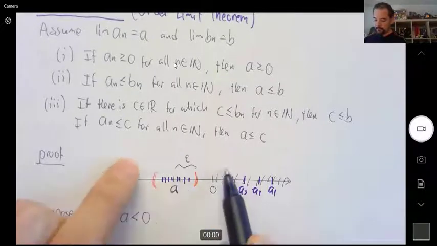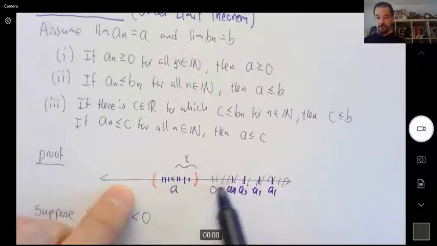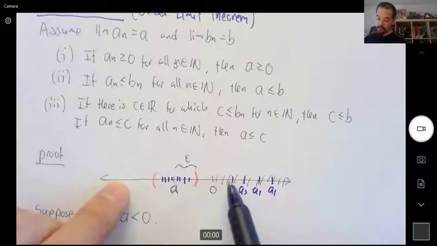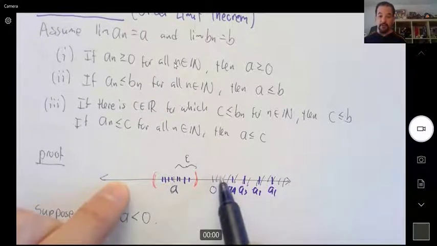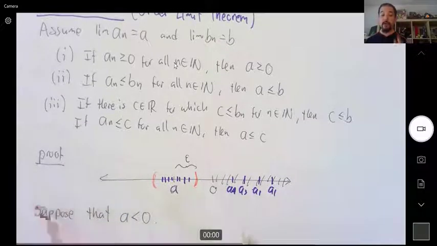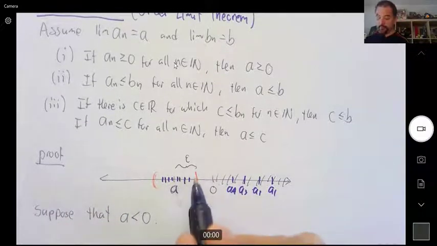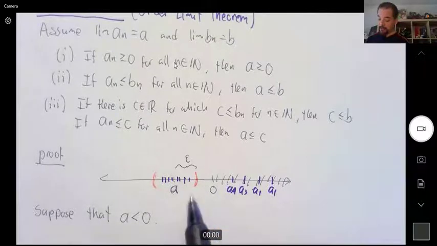If I make it really big so that I include 0, then I can make it so that all the numbers are over here, and there's not going to be any contradiction. So to have a contradiction, we need this epsilon to be smaller than the distance from a to 0. So let's just pick that.